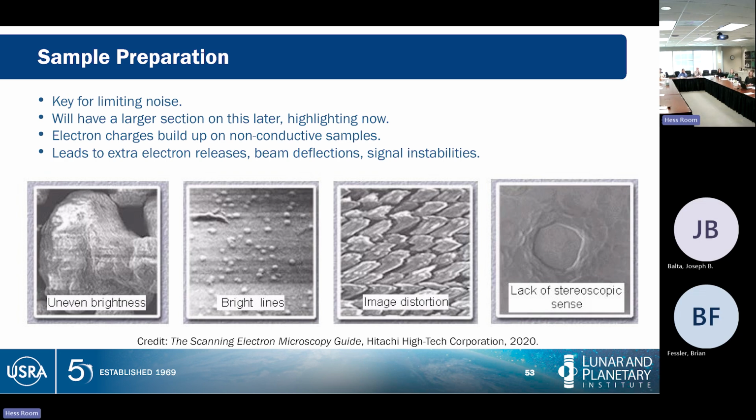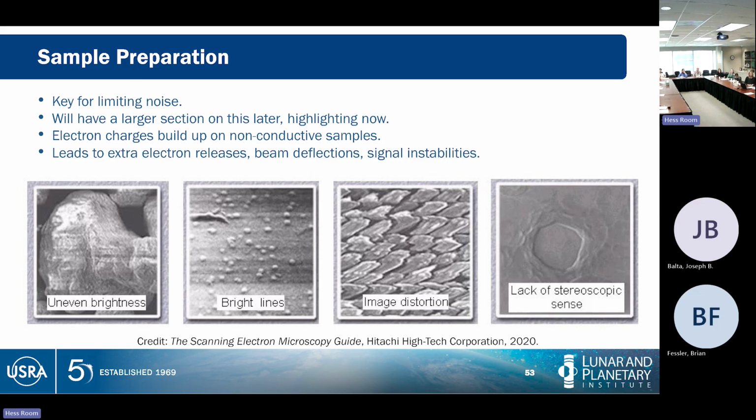This is a problem because a charged material will start sending out its own energy. This will lead to brightness across my field that is non-constant, because as charge increases in one zone or another, it will start changing the response of the electrons. Lines going across your screen are a very common result of charging on your sample.